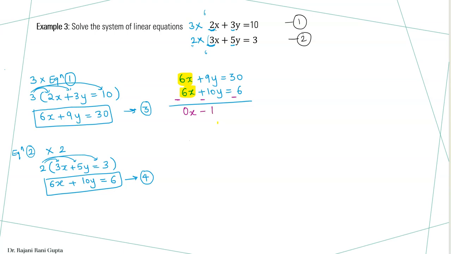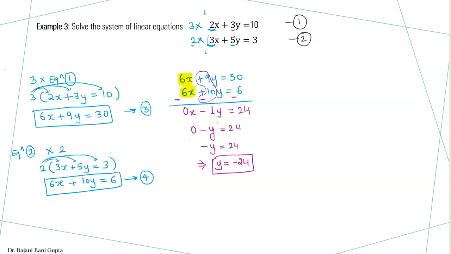Minus 1y, because you are taking plus 9 and minus 10, correct? This is equal to 30 minus 6, how much? 24. So 0x is 0, minus y equals 24. That is minus y equals 24. So this implies y equals minus 24. This is the value of y.